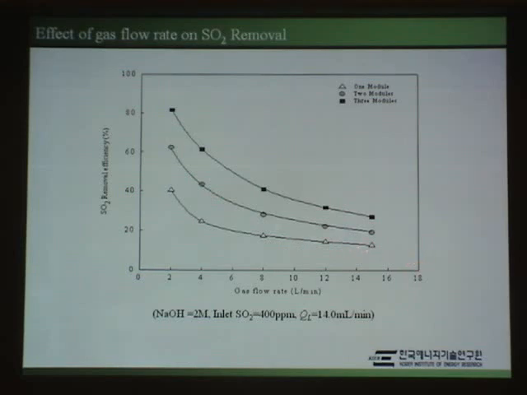In our case we have calculated the residence time of the gas. The maximum residence time was 0.11 second. However, it decreased about 5 times at a gas flow rate of 40 milliliter per minute. So due to low residence time, the rate of diffusion decreased sharply, and this resulted in lesser SO2 removal efficiency.